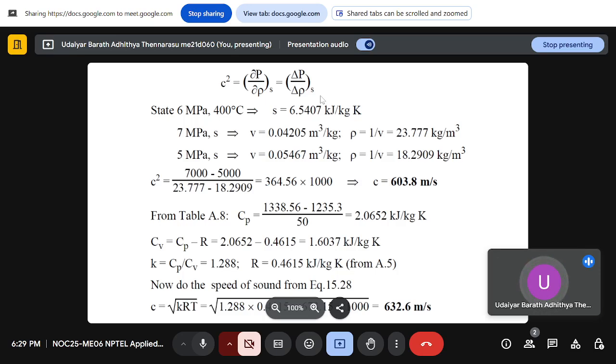We know the pressures 7 and 5, so we know delta P. We need to find delta rho to find the c value.